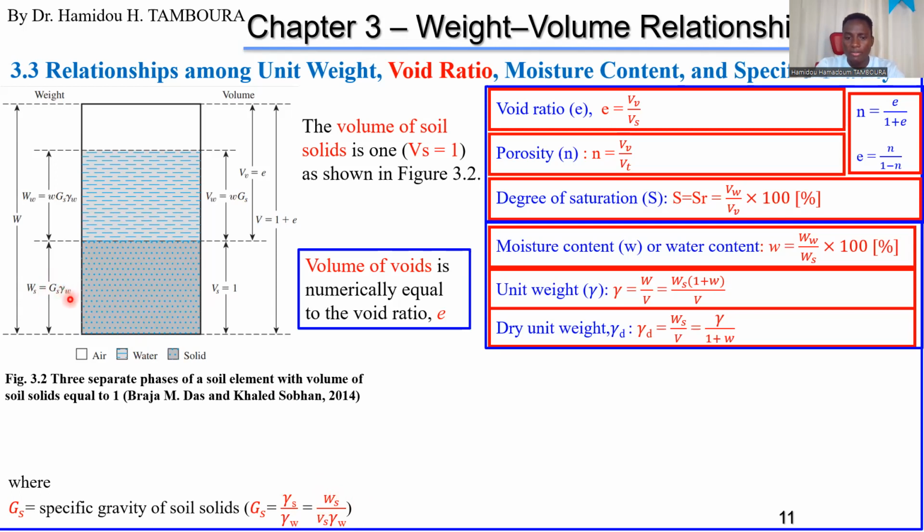Do you understand that? From here, you use this equal this. From that, you can obtain Ws. Ws will be specific gravity multiplied by Vs multiplied by unit weight of water.